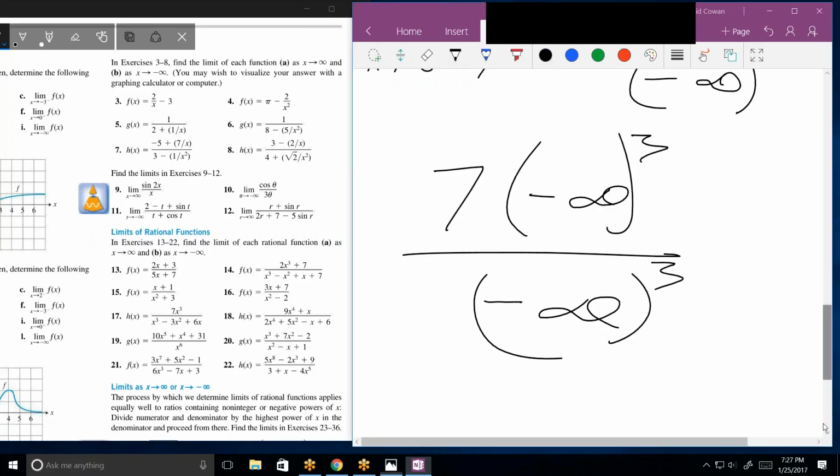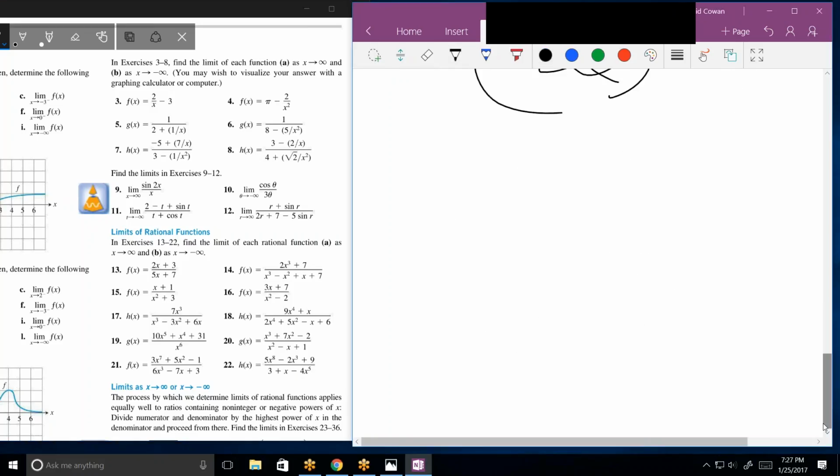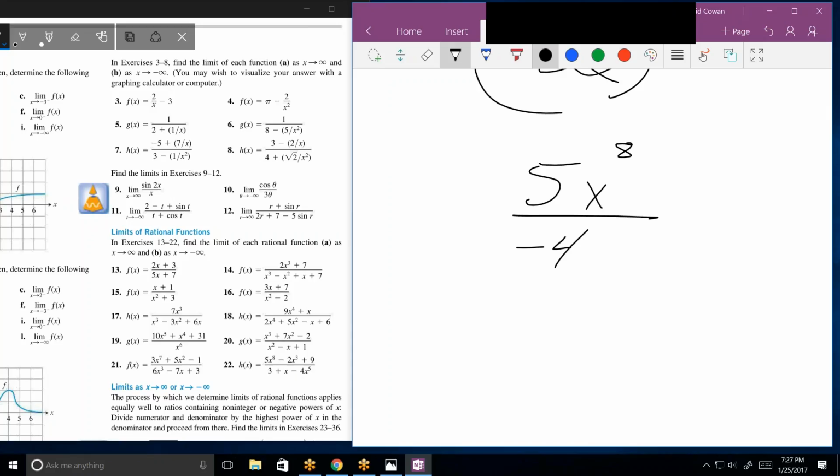I'm not positive that's the right answer on 22. 22 is basically this, which is -5/4 x cubed. And now, as x goes to infinity, that thing looks like it might go to -infinity. You know, I don't know.